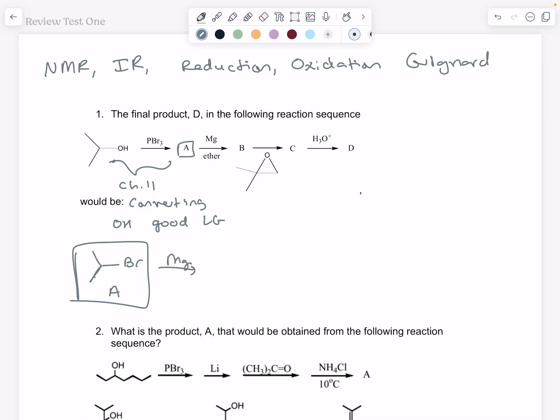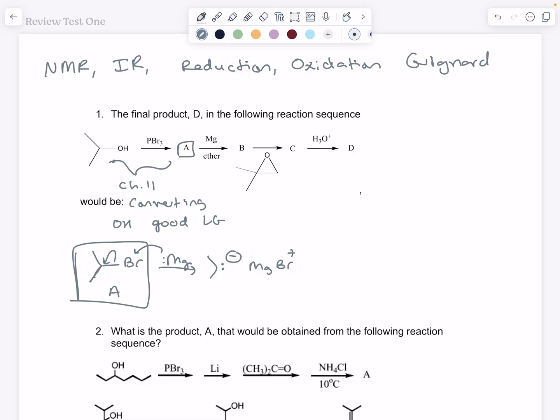Then when we add the magnesium, we haven't gone over the mechanism of this, but something I drew for my students is that magnesium is willing to give up electrons. So you can think of magnesium as giving electrons to bromine, and then bromine leaving and giving its electrons to that carbon, making this negatively charged, and then the magnesium bromide positively charged.